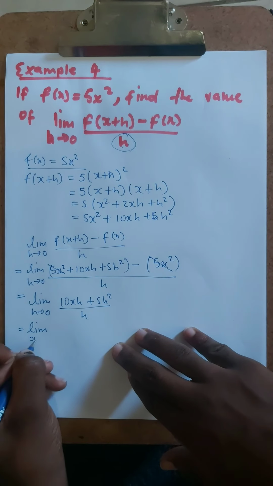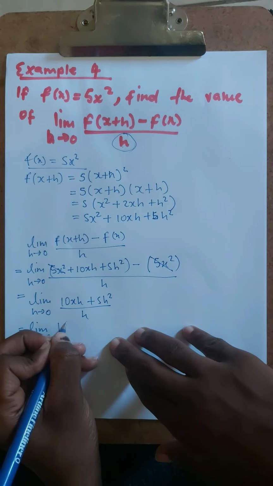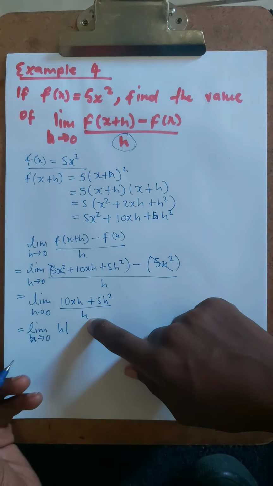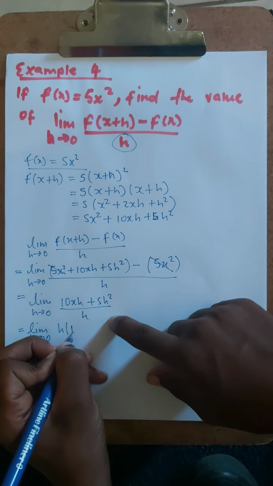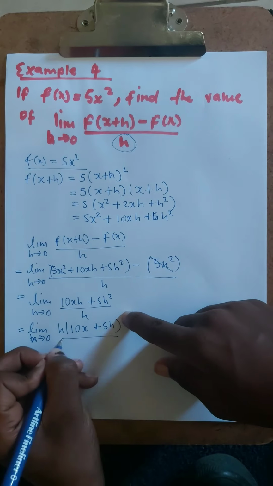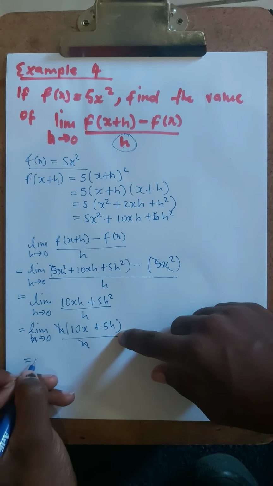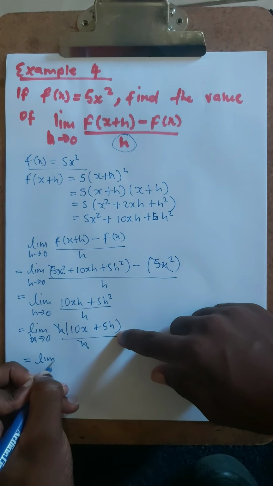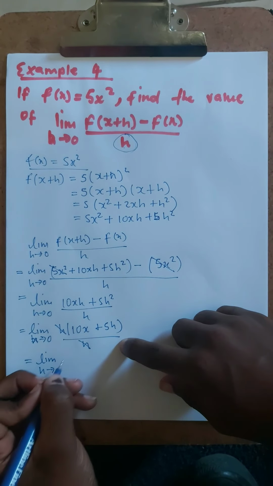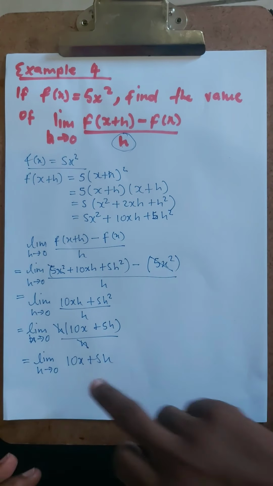We take h as our common factor, because h is the denominator. We get h times (10x plus 5h) divided by h, and the h cancels. So we remain with the limit when h approaches 0 of 10x plus 5h.